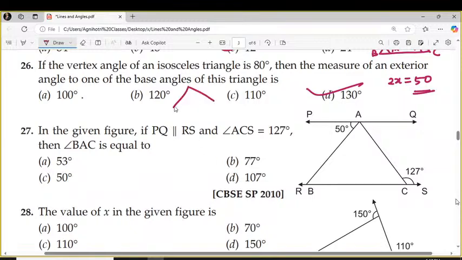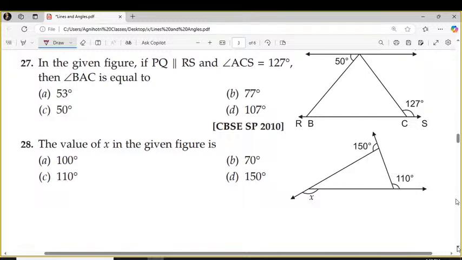I got this is the vertex angle which is 80, then these two must be 50-50 because it is isosceles. Then the exterior is 130. I thought the exterior of the vertex angle. No, not the exterior of the vertex. Exterior of the base, they said. Okay. Answer 27th.